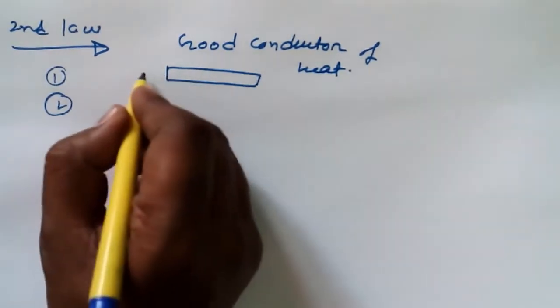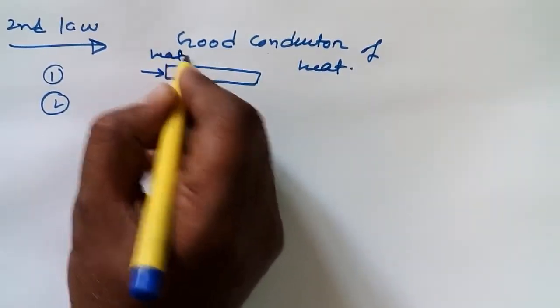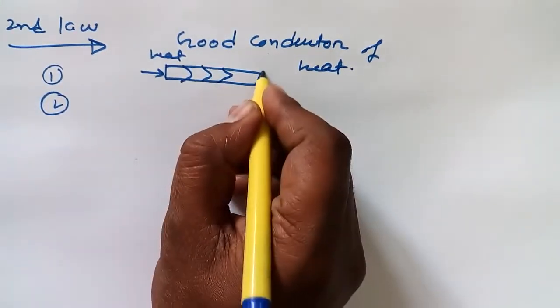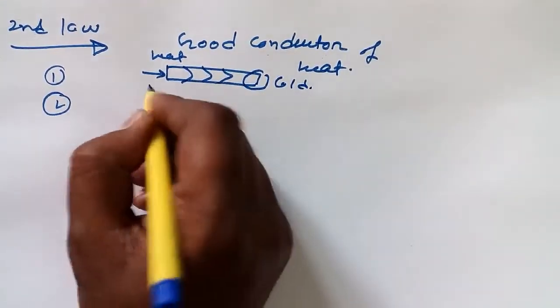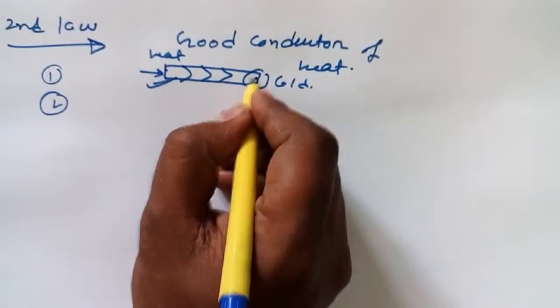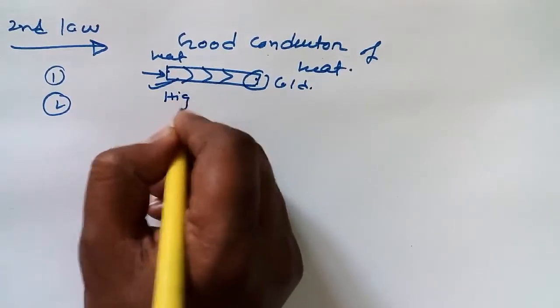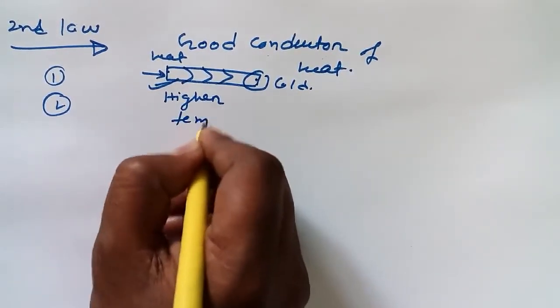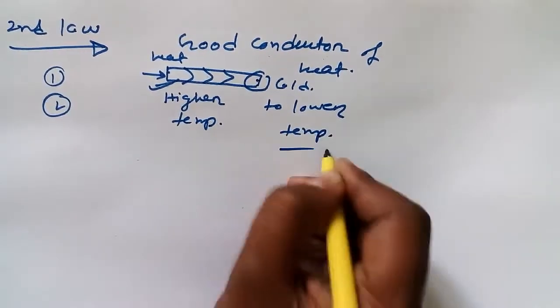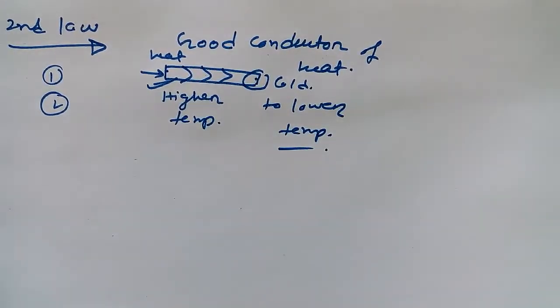Therefore, what will happen if I heat this side, then electrons will flow from this side, and if this is a cold junction, then heat will flow from here to here. I mean, heat will flow from higher temperature to lower temperature. This is the second law of thermodynamics.